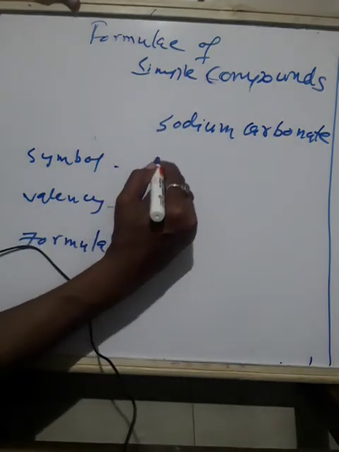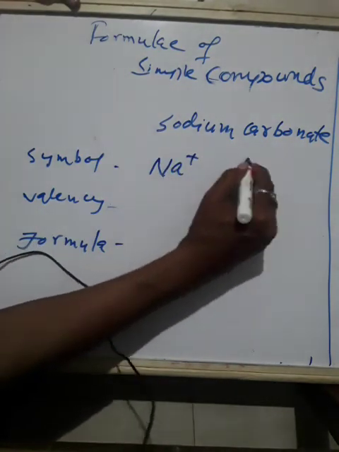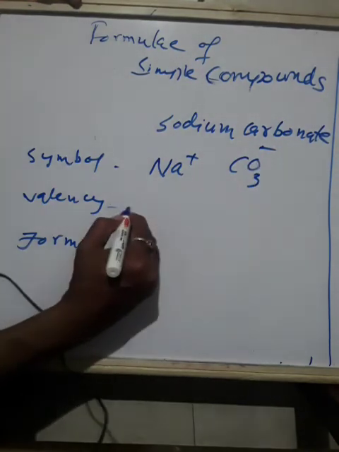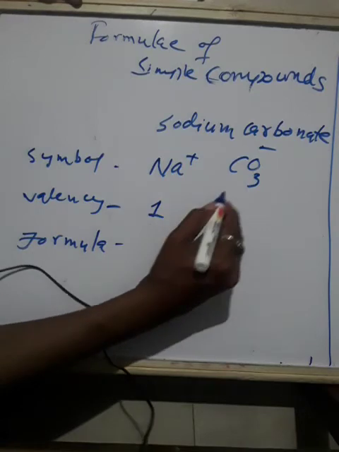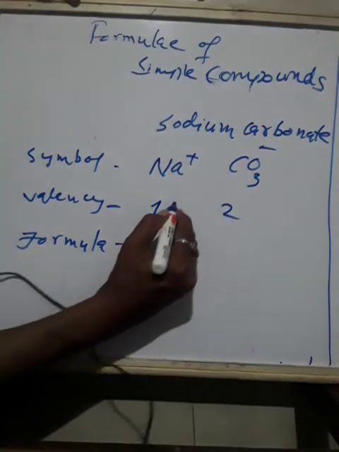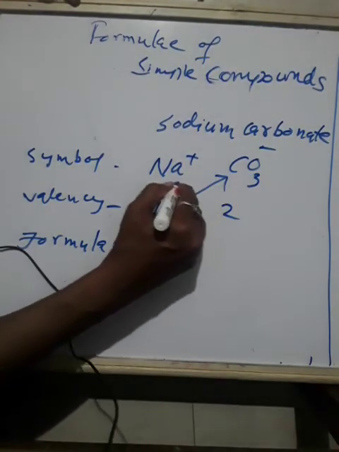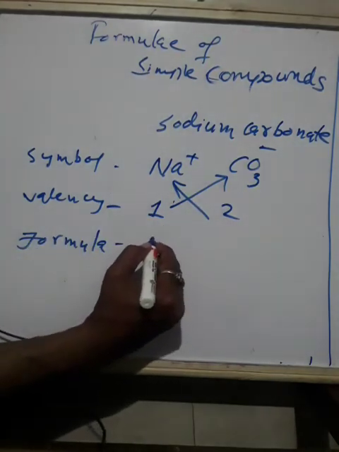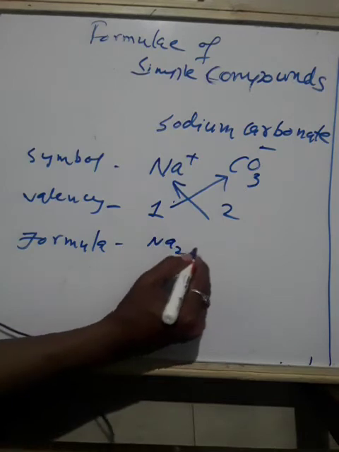Sodium carbonate: sodium symbol is Na plus, carbonate is CO3 with a minus charge. Okay, and its valency is 1, its valency is 2. Crisscross, it goes here, it goes here. So the chemical formula for sodium carbonate is Na2CO3.